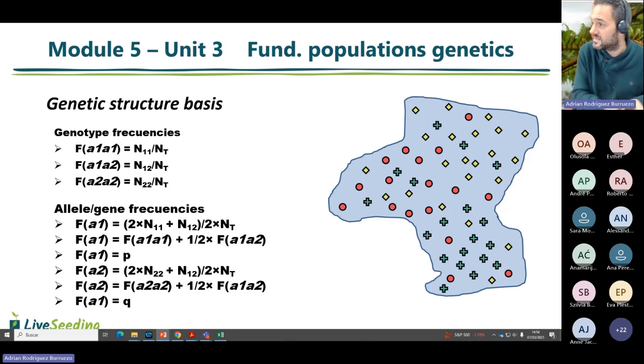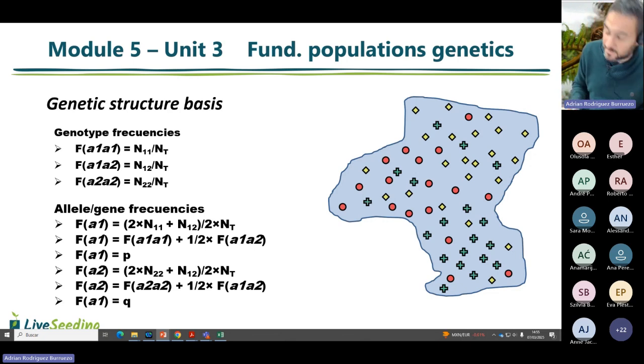So please calculate at home. 0.293 is the frequency of genotype 1,1. 0.379 is the frequency of the heterozygous individuals, and 0.328 is the frequency of the 2,2 homozygous.